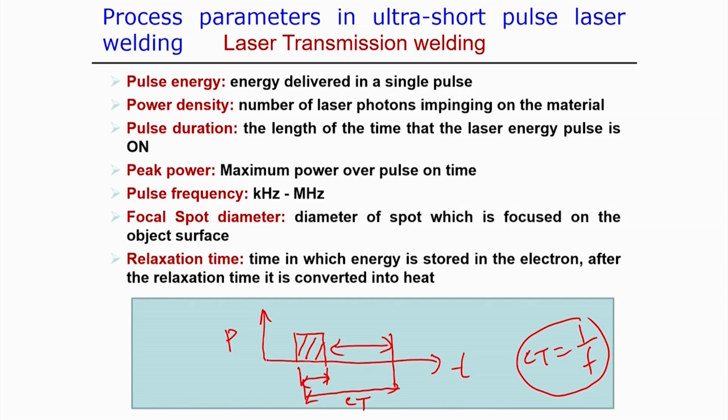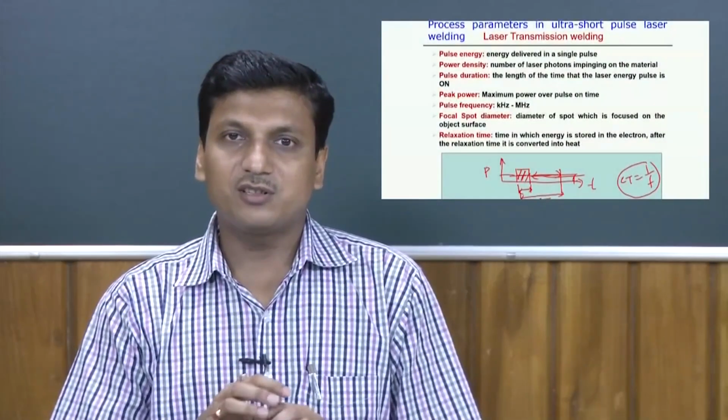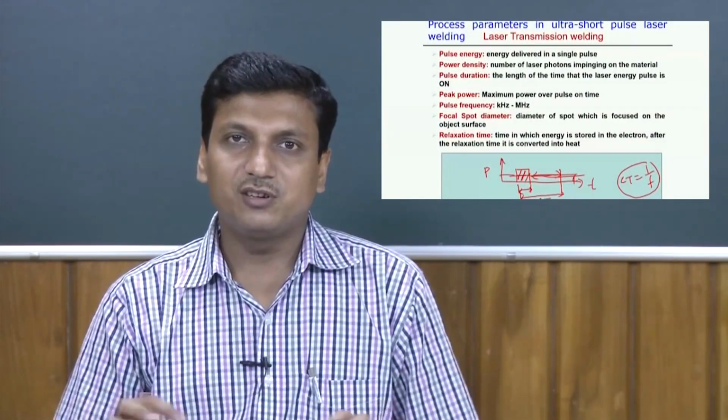These are the typical pulses we generally use in the laser welding process. Here we assume a rectangular shape, but the shape can be different. Sometimes we also use the average power, which lies between the peak power and the base power. This average power represents a constant power over the duration of the welding process.